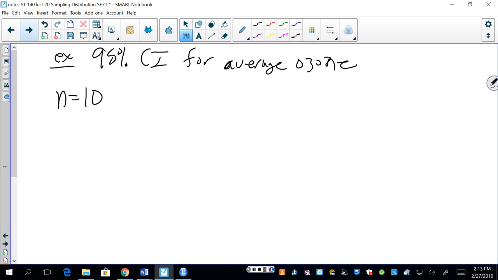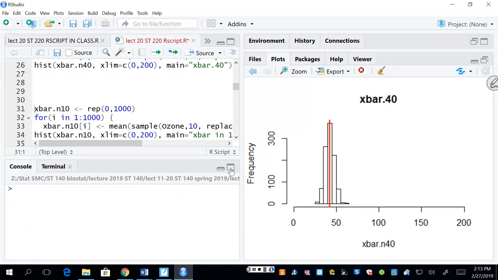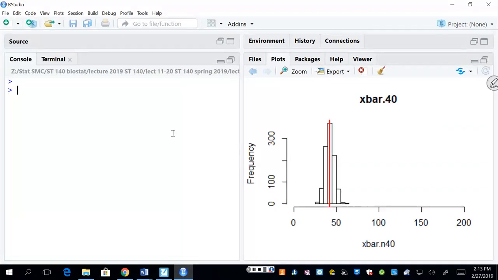Put new numbers into this. So the standard deviation of the ozone, if we're doing 10 observations, our standard error is going to be 10.3.